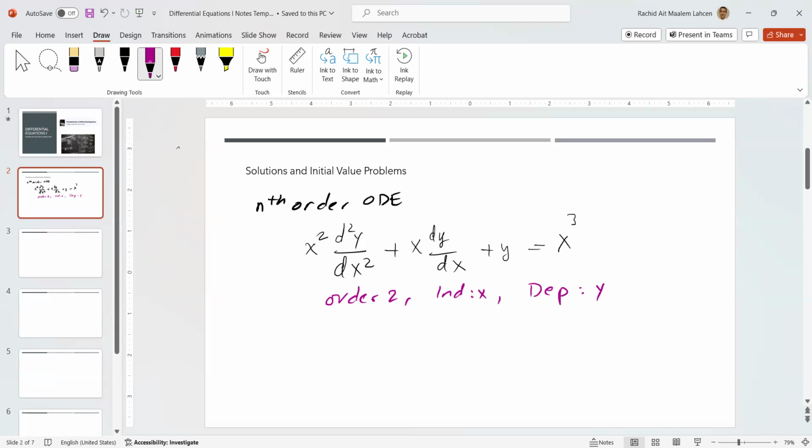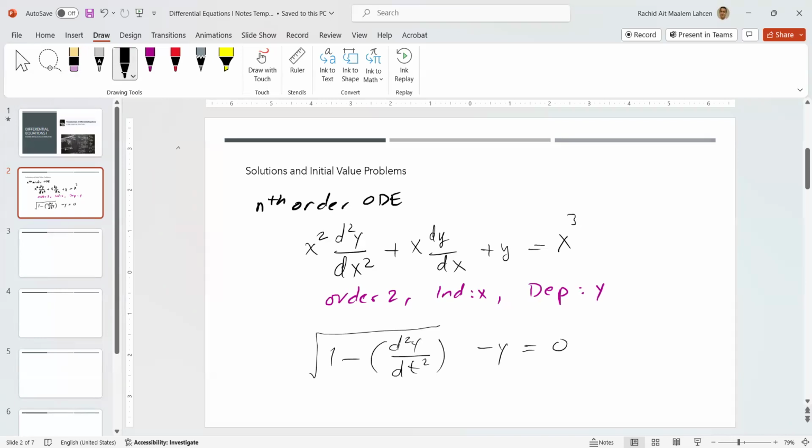So let's write this example: 1 minus, and you have in parentheses inside the second derivative, d squared y over dt squared, minus y equals 0.